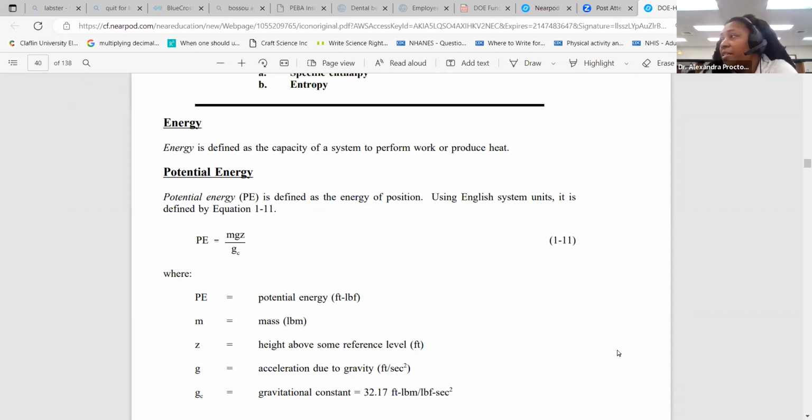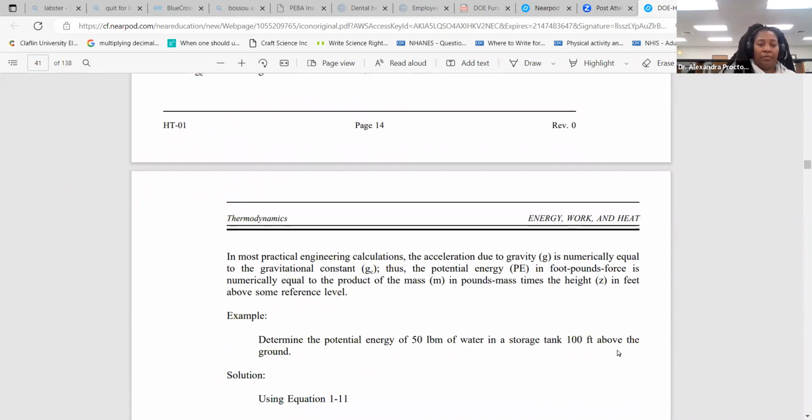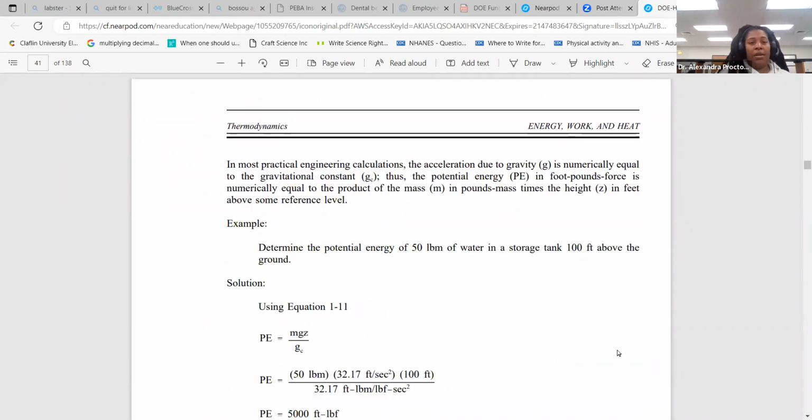So remember with these equations, you not only need the equation, but you also need to understand not only what these variables mean, but what units they're measured in. So that's what you need to know. With these engineering calculations, the acceleration due to gravity is numerically equal to the gravitational constant, which we defined earlier, which is 32.17.